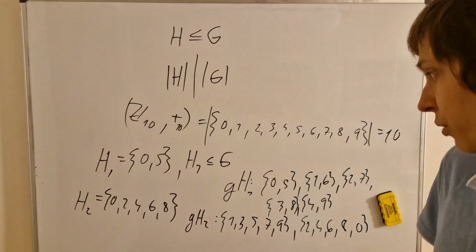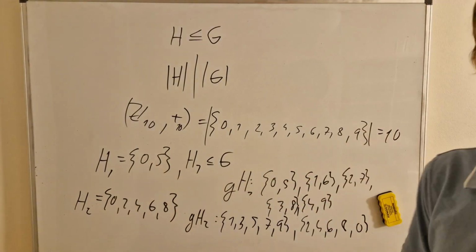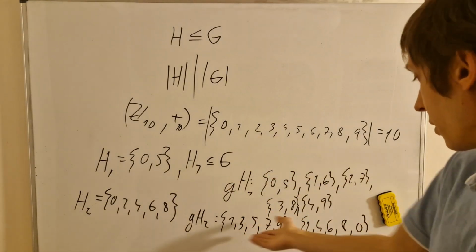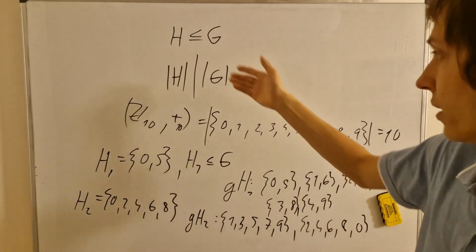Here we see the numbers are the same. Concretely, here the number of distinct cosets is 2, and that divides 10.